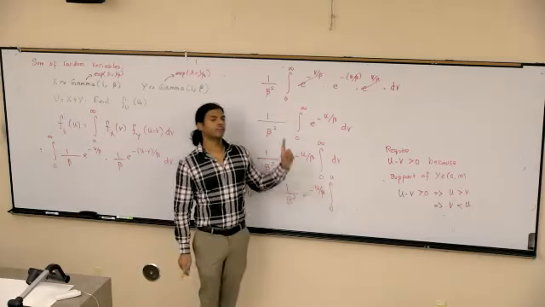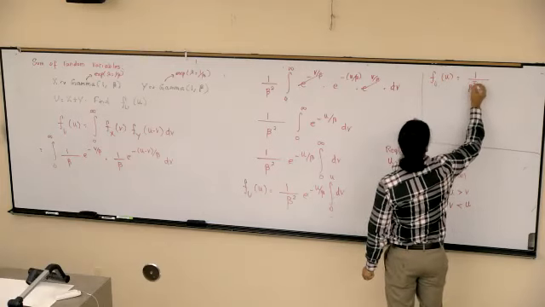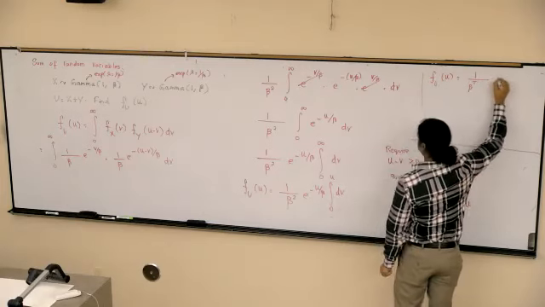Once I integrate, I will get f_U of u to be 1 over beta squared e raised minus u over beta multiplied by u. Correct.